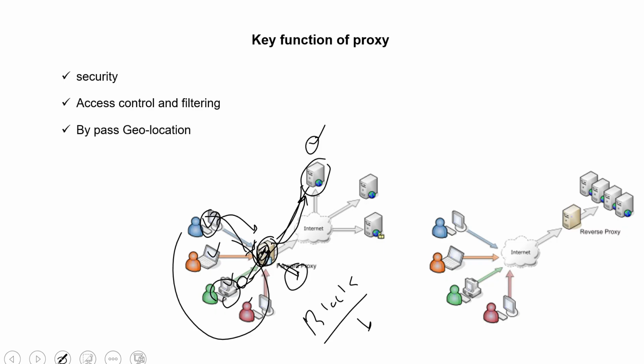Next is bypassing geolocation, allowing access to region-locked content. For example, Netflix is not opening in your country, and you configure a proxy server for your network, you will be able to access Netflix. Next is caching for speed. A proxy is able to store frequently accessed web pages to reduce load time. For example, you're configuring a proxy here.